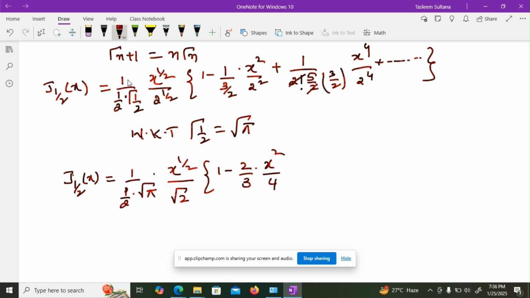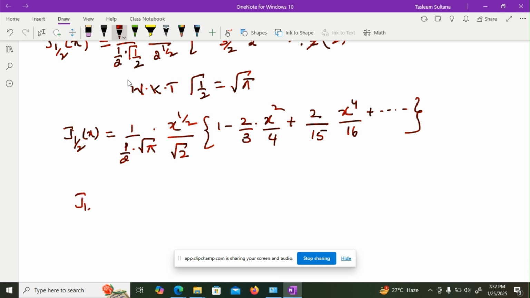Then plus 2 divided by 15 x to the power of 4 divided by 2 to the power of 4, which is 16, then plus so on.